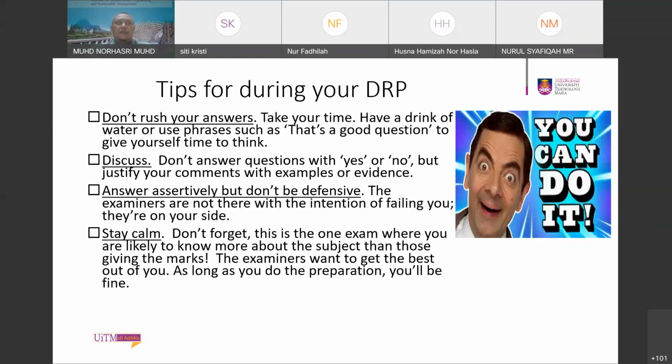Tips during the presentation, especially the Q&A session: prepare yourself with keynotes beside you. These are keywords that you have already discussed with your supervisors.